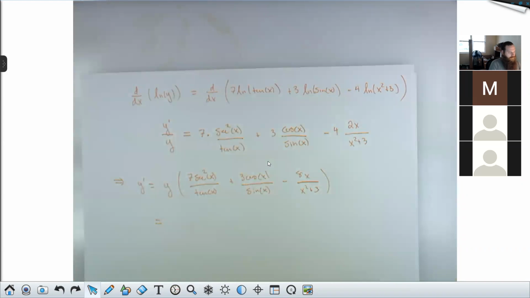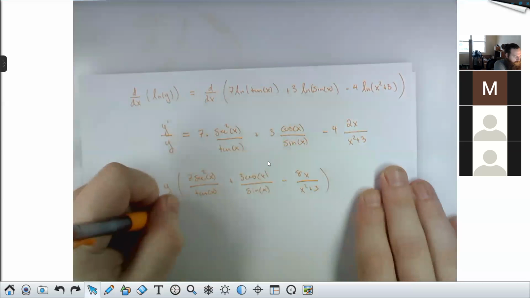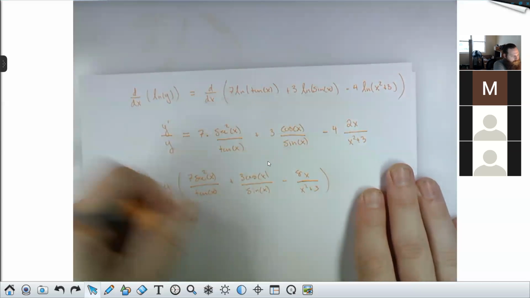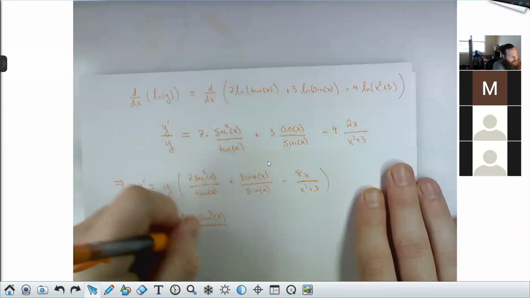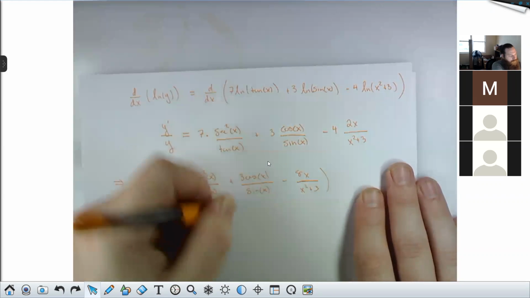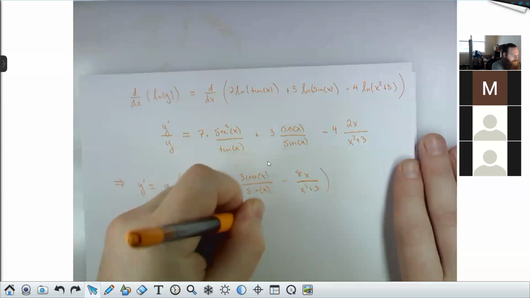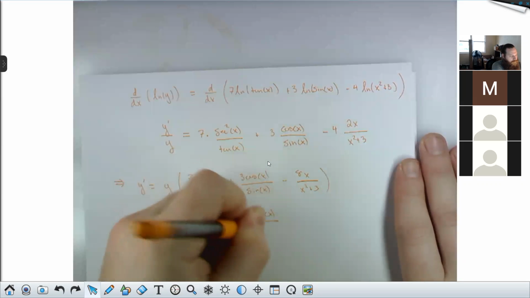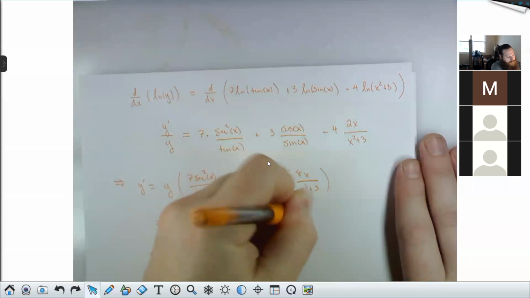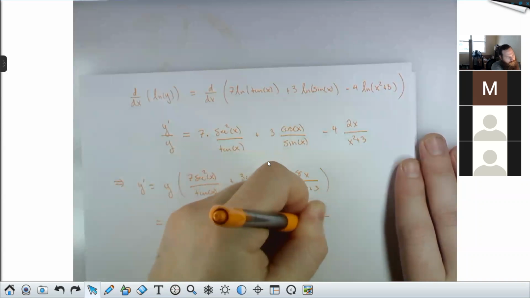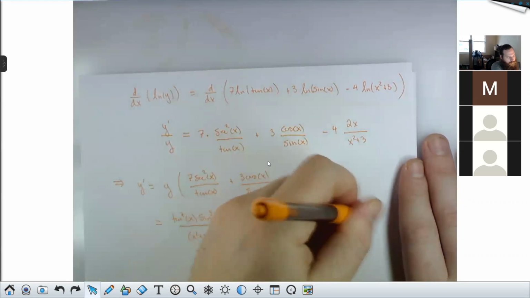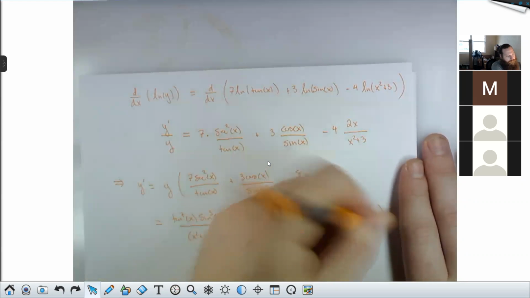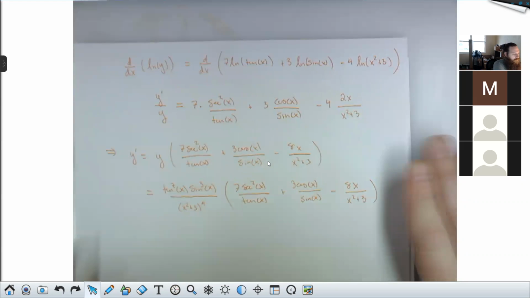Tangent to the 7, so this is tan of 7x sine cubed x over x squared plus 3 all to the 4 times, and now this piece, 7 secant squared x over tan x plus 3 cos x over sine x minus 8x over x squared plus 3. And that's it. That's y prime.